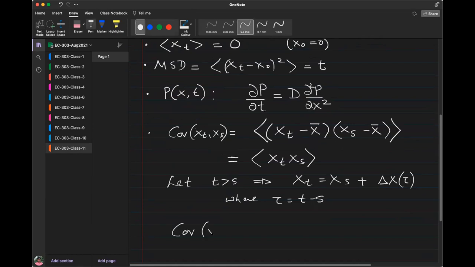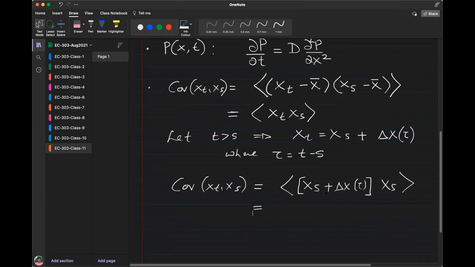So covariance of xt comma xs is equal to the expectation of xs plus delta x for an interval of tau. So what is the interpretation of delta x? By the way, delta x means the jump or the displacement of the animal in the following tau time steps, times xs.